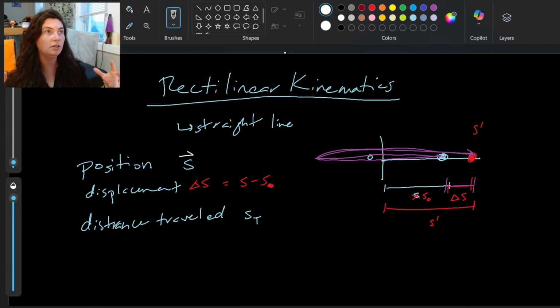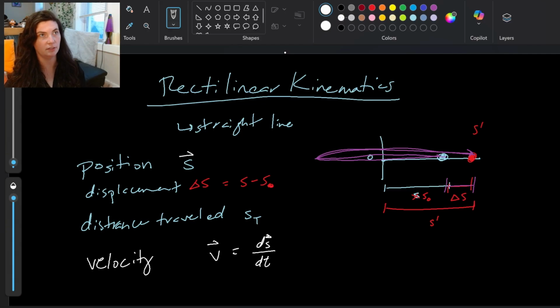We also can get from position to velocity, right? There is a relationship between our position and our velocity. And this you may have seen in calc before, you may have seen in physics before, that the way that we can get velocity, v, also a vector, we see this denoted with just a lowercase v usually, is the derivative of our position with respect to time.